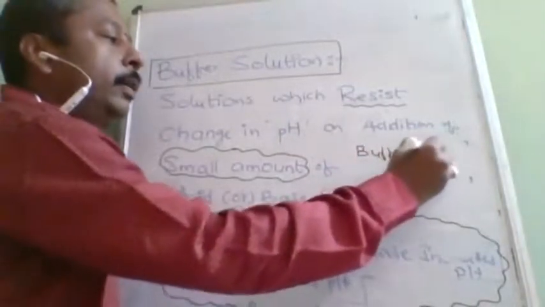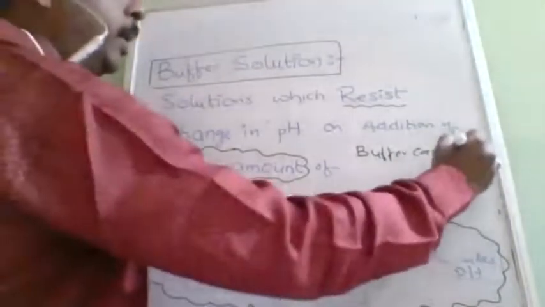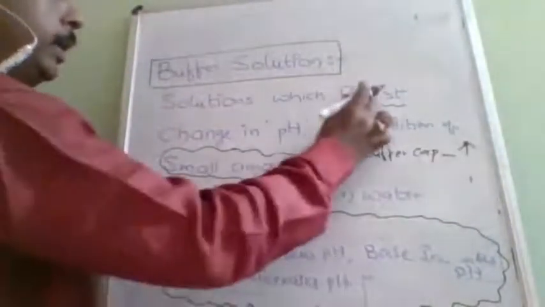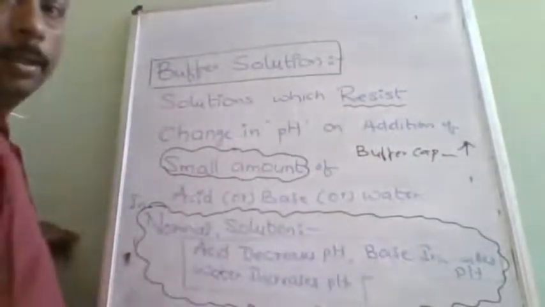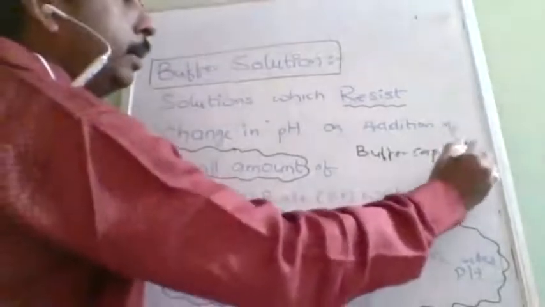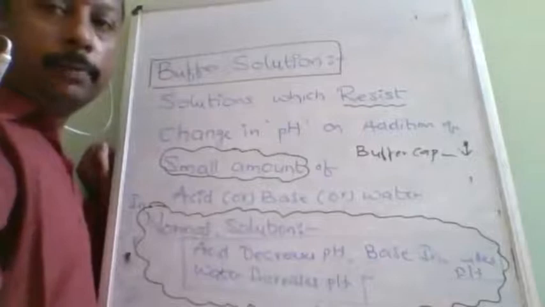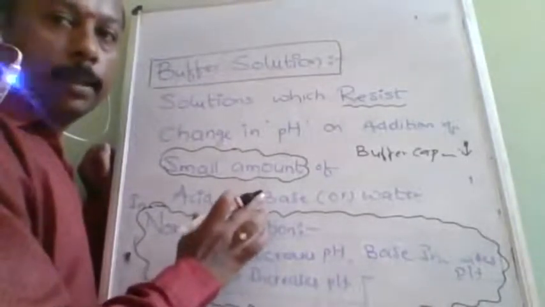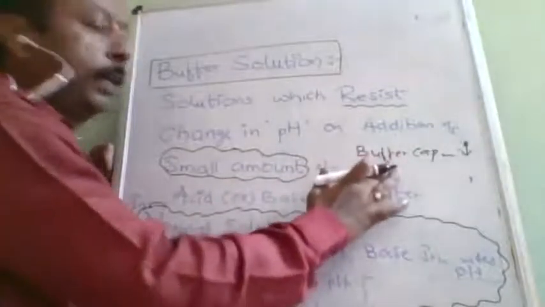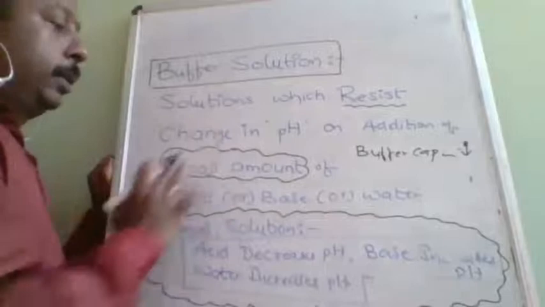Okay, buffer capacity. Some solutions have more buffer capacity, which means they can resist a large amount of acid, base or water. If their buffer capacity is less, then they will start changing their pH on addition of a small amount of acid or base. So the higher the buffer capacity, the higher the ability to resist change in pH.